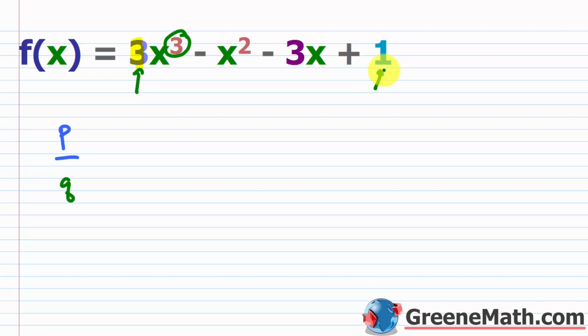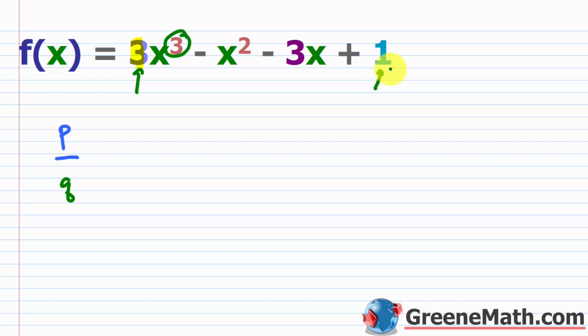Now, the way this sets up, if P over Q is some rational number written in lowest terms, so there's no common factor other than 1 between P and Q, and it's going to be a 0 of your polynomial function f of x, then P is a factor of our constant term. So P would be a factor of 1.